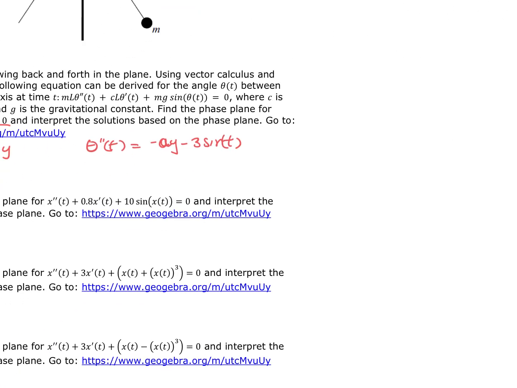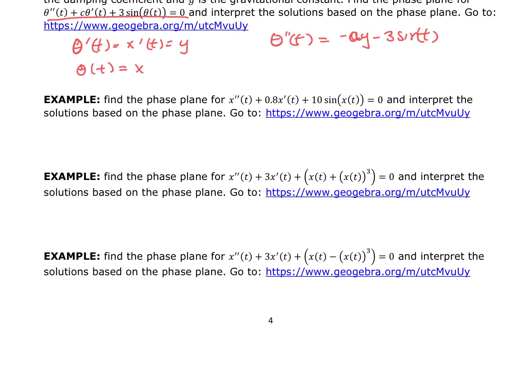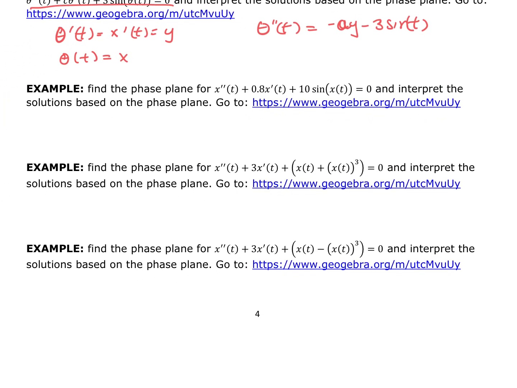So let's go take a look at my next one. Again, I would like you to go to GeoGebra and try putting these in. Your replacement is x prime of t is going to be y, and then your x double prime of t is going to be 0.8y plus the sine of x.